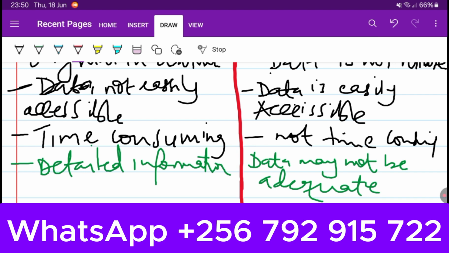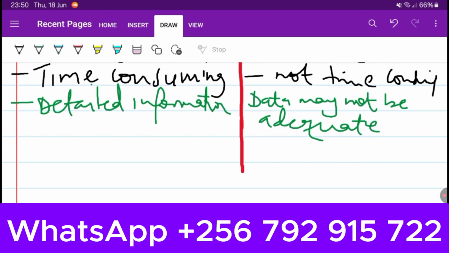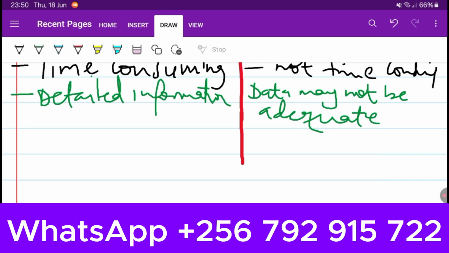You are not sure of what these people were researching about. The information they have was to solve the problem that they had at that time. That's why some of the information may be lacking within the secondary data.